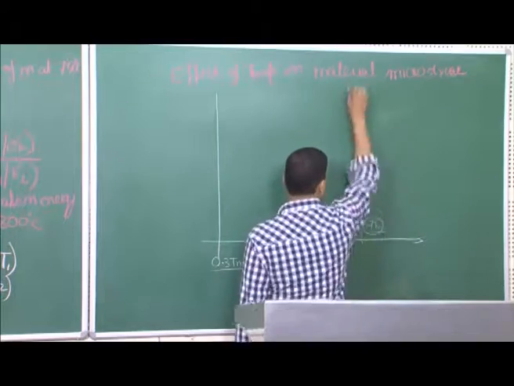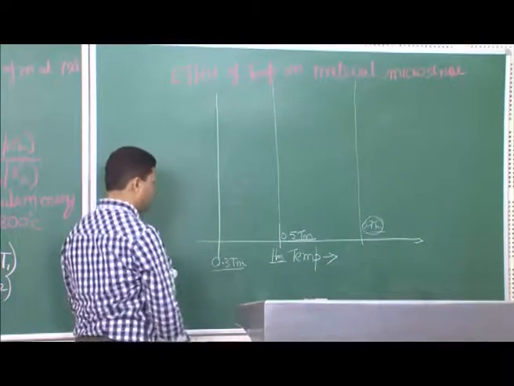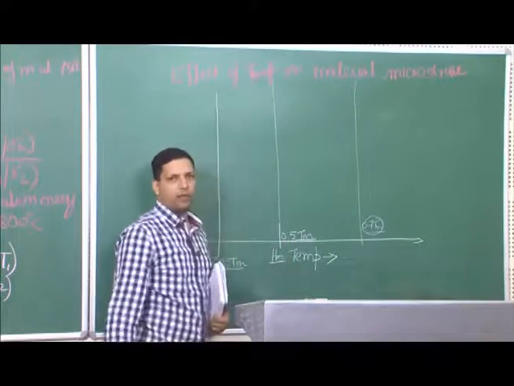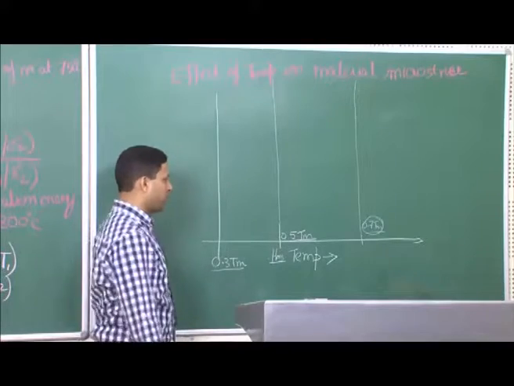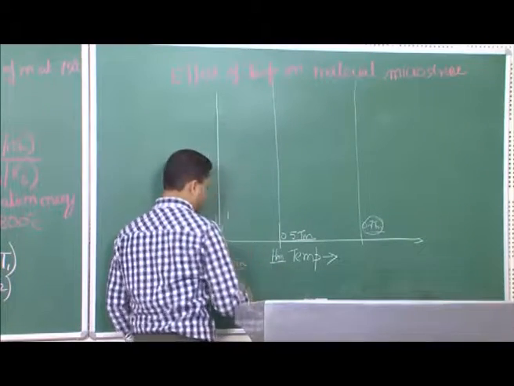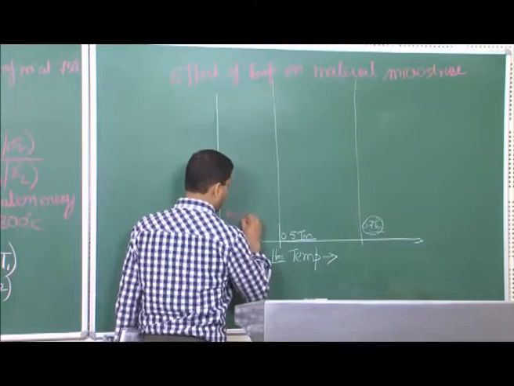So, now let us see what are the changes that take place. Above 0.3 Tm but less than 0.5 Tm, in terms of microstructure, we have a phenomenon which is called recovery.